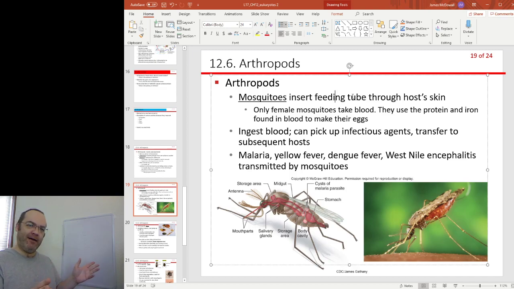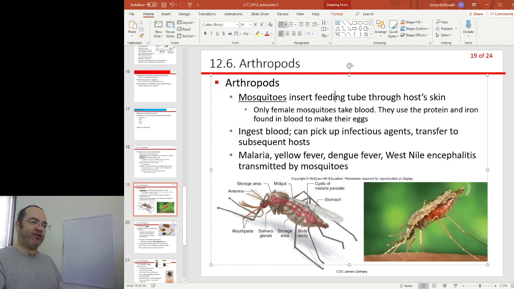We talked about the idea of having to sterilize, say, a needle or sterilize a scalpel because it's going to penetrate our natural defenses and contact our tissues. And that's exactly what a mosquito does with its feeding mouthparts.